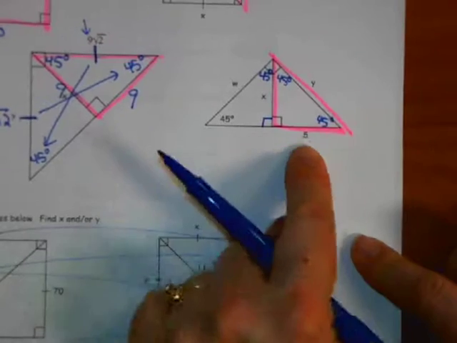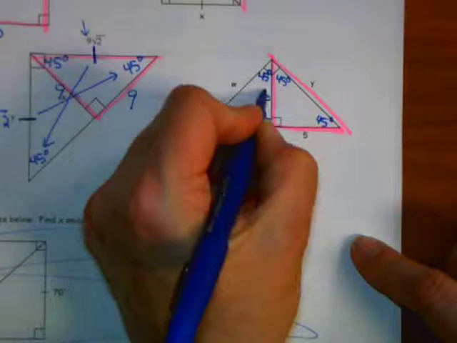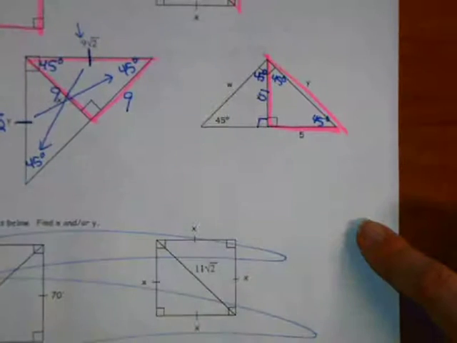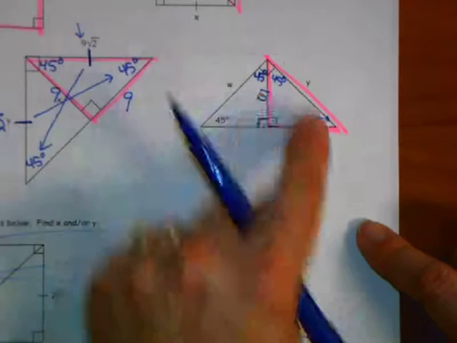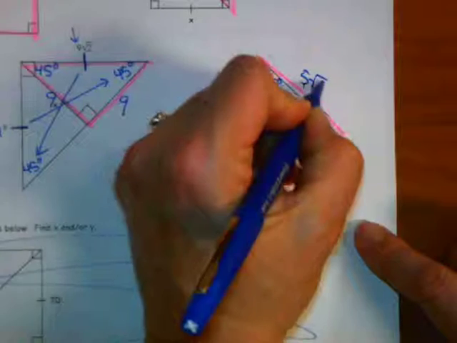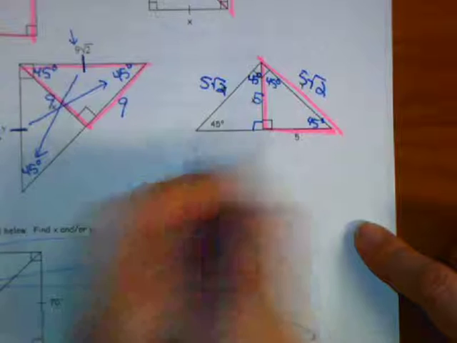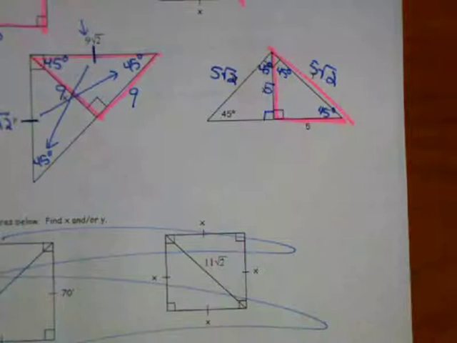In this triangle, the leg is 5. So what's x? 5. What's y? If this is 5, what's y? See? And then this is the same because they're isosceles. Not so bad. That's it.